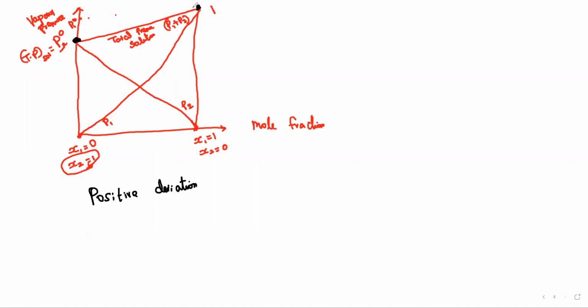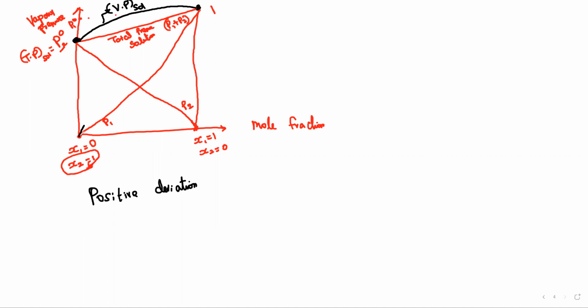At this point we have only pure first component, and at this point only pure second component. So at these two points we don't need to verify. But in between these points, the value will increase. This is the original vapor pressure of the solution.